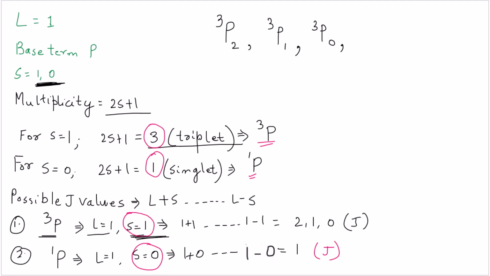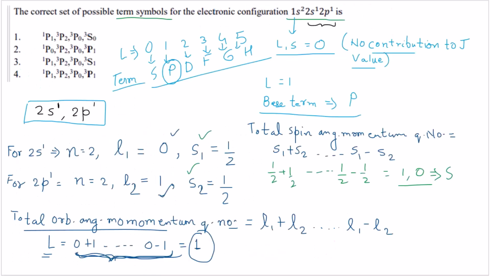So we have three possible term symbols for S is equal to 1: 3P2, 3P1 and 3P0. Now what about S is equal to 0? We have only one possible term symbol, that is 1P1. So these are the total possible term symbols for the electronic configuration of 2s1 and 2p1.